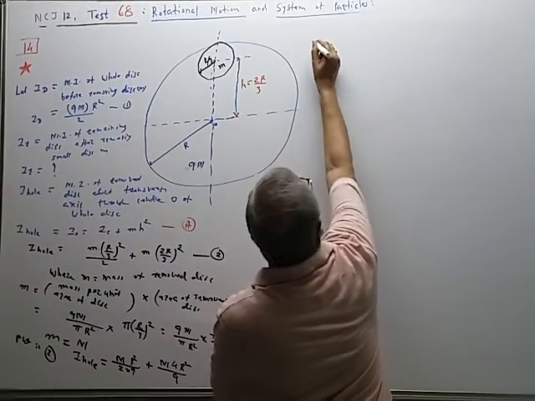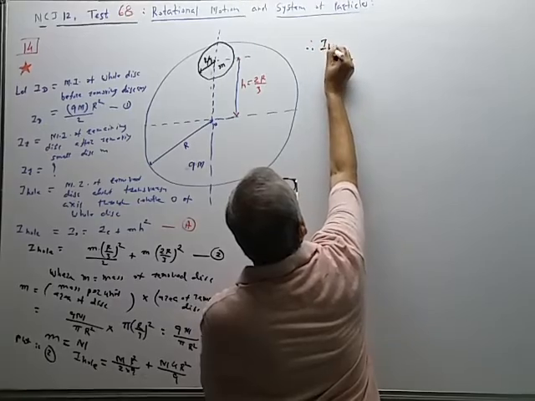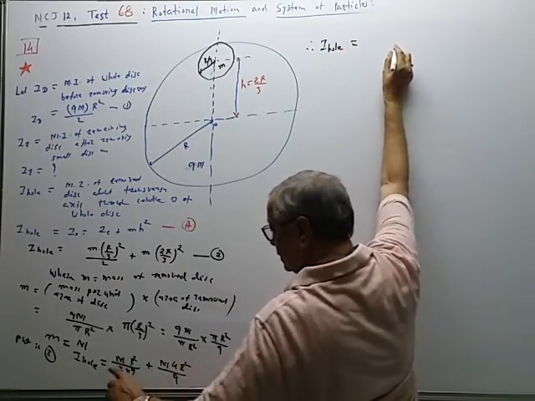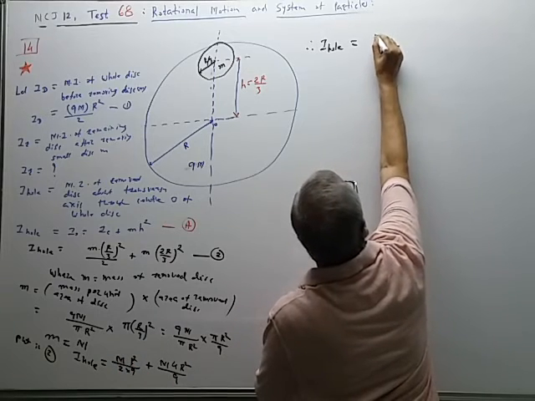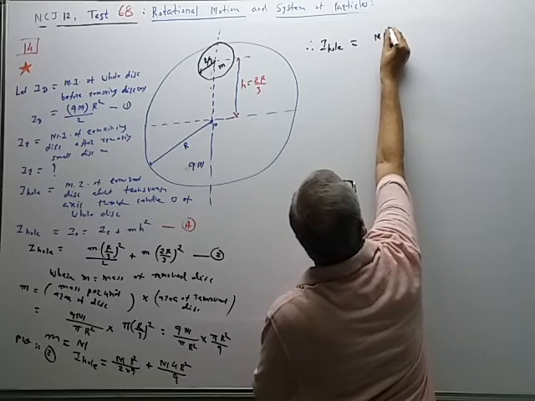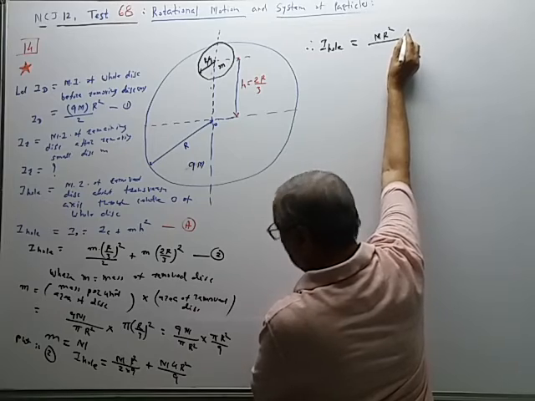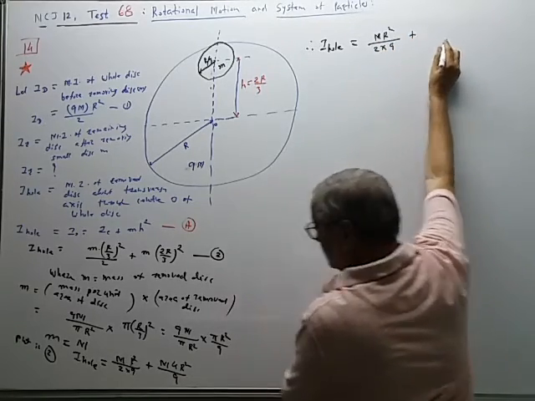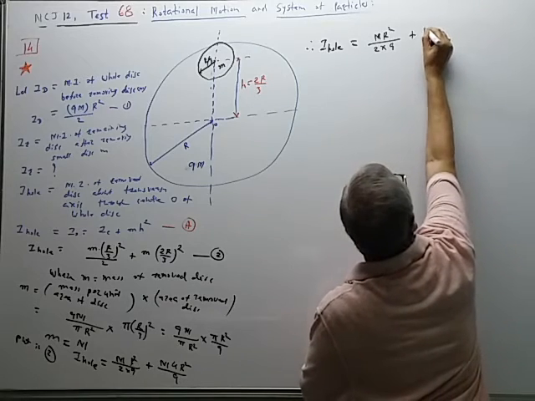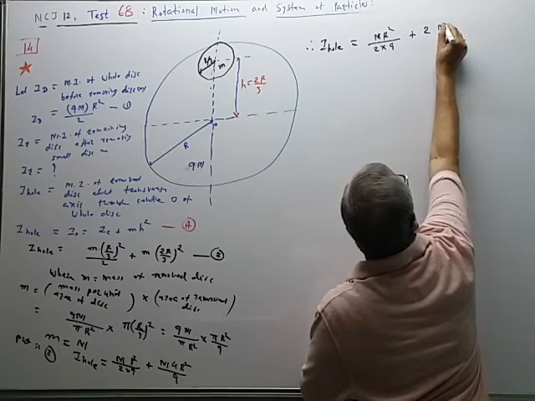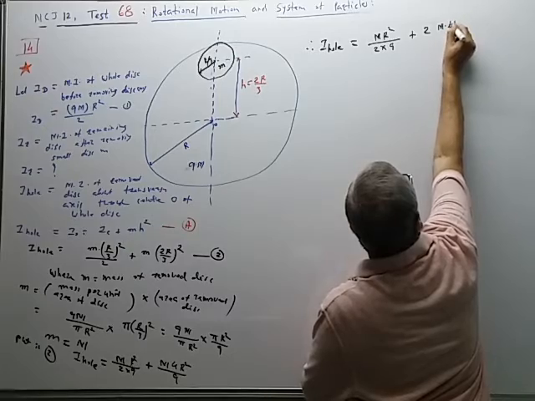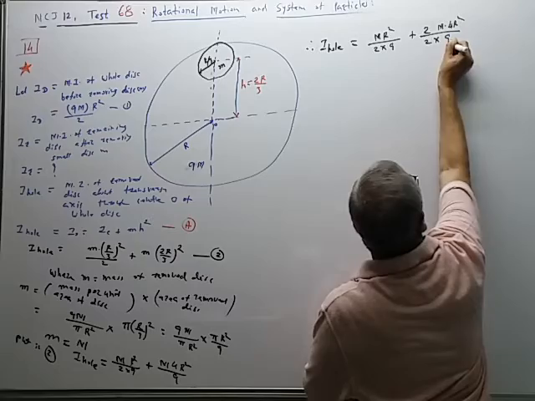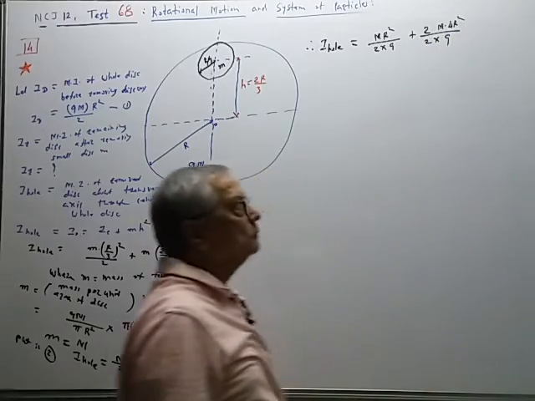Therefore I removed is equal to M R square upon 2 multiplied by 9, plus 2 multiplied by M 4 R square upon 2 multiplied by 9.